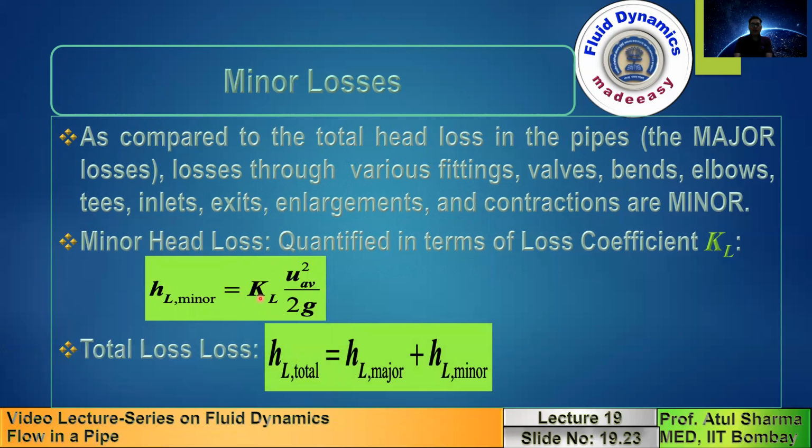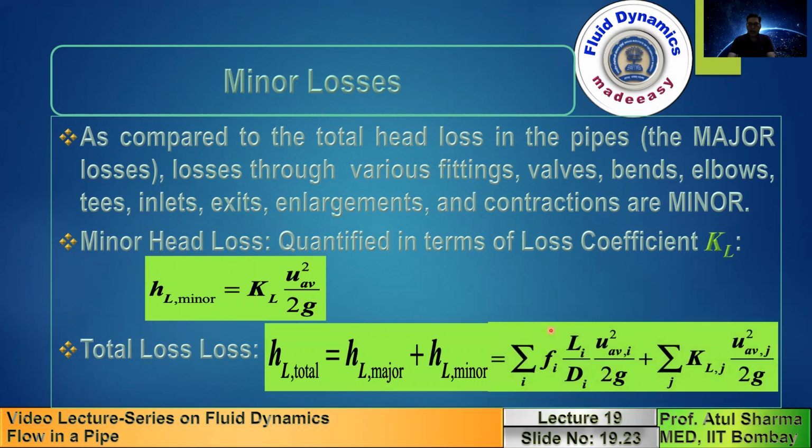If you consider various connections of the pipe, and maybe pipes of different diameter, sometimes you have to connect a smaller pipe with a larger pipe using enlargement, and vice versa with contractions. Let us suppose you have many pipes and many pipe fittings. Let's suppose you have I number of pipes and J number of pipe fittings.